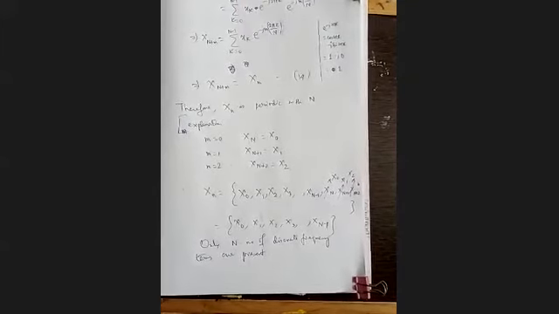Both are equal to capital N. So if we collect 100 samples per cycle, then the number of discrete frequencies will be 100, 0 to 99. So 100 harmonics will be calculated.